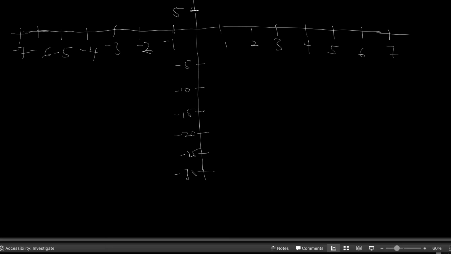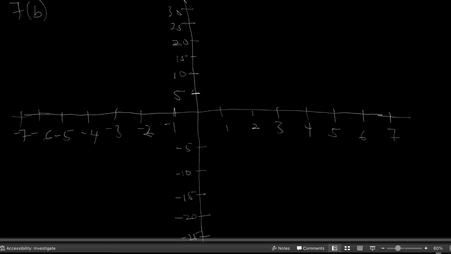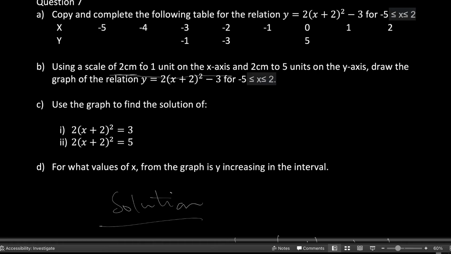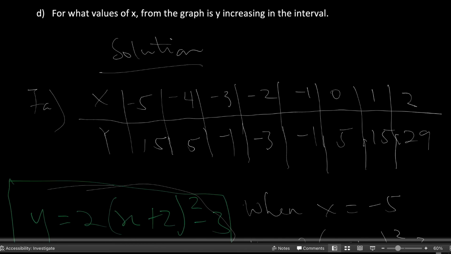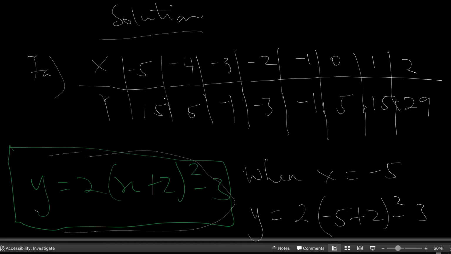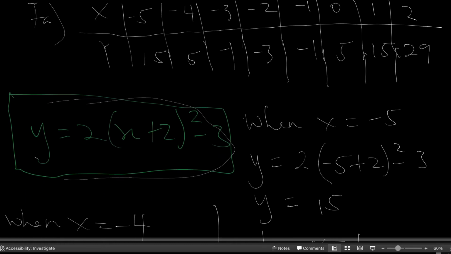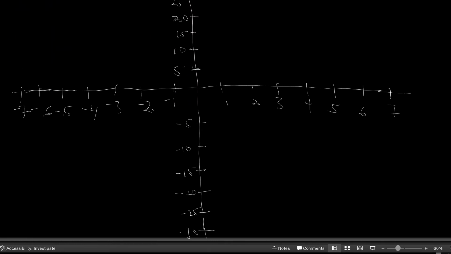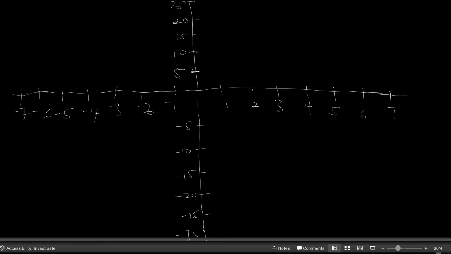So now we plot our points. When x is equal to negative 5, y is equal to 15. So we plot the point negative 5, 15. So when x is negative 5, y is 15. So we have this and this.